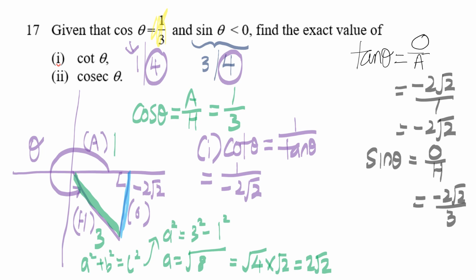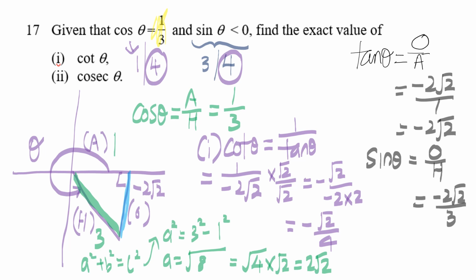Okay, so we have to rationalize it. Just multiply by square root 2 at the denominator, also at the numerator. So that will give us negative square root 2 over negative 2 times 2, which is negative square root 2 over 4, because square root 2 times square root 2 is 2, then 2 times another 2 is 4.